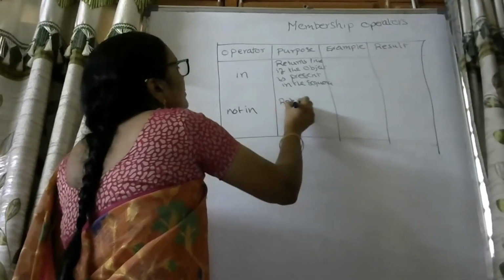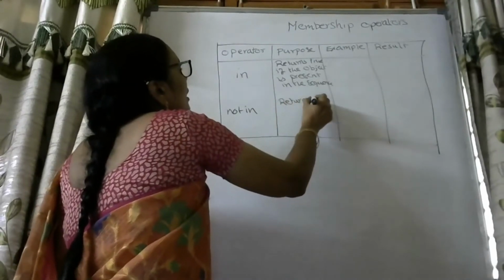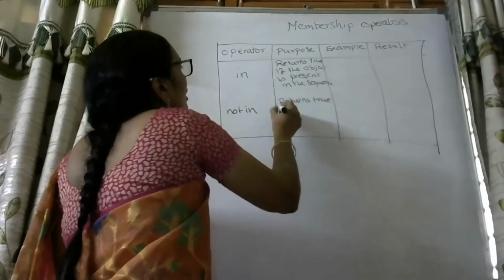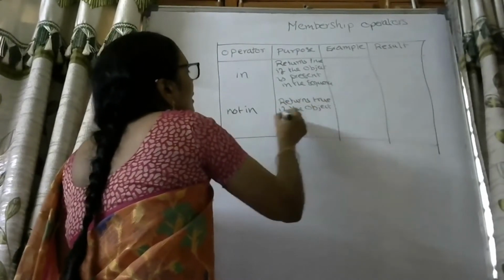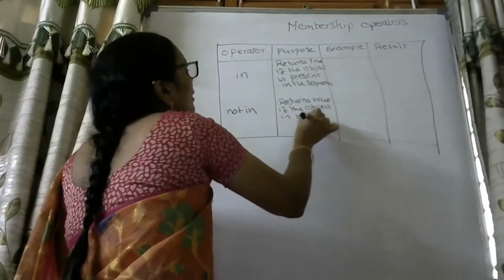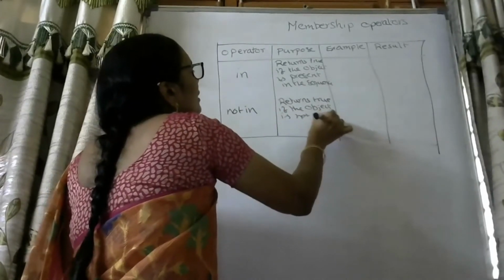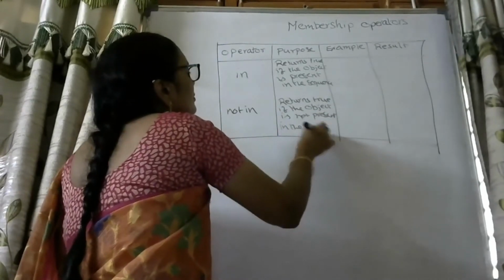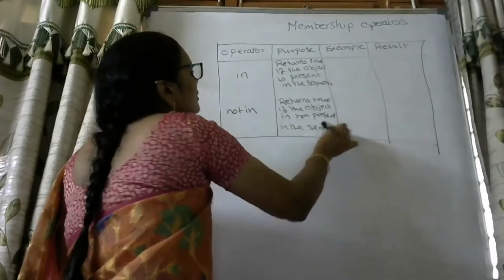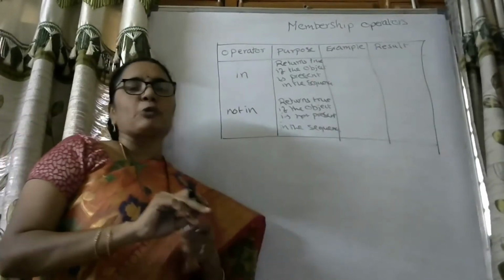The not in operator returns true if the object is not present in the sequence. So these two are opposite to each other.